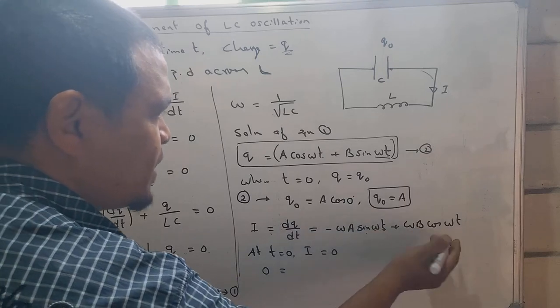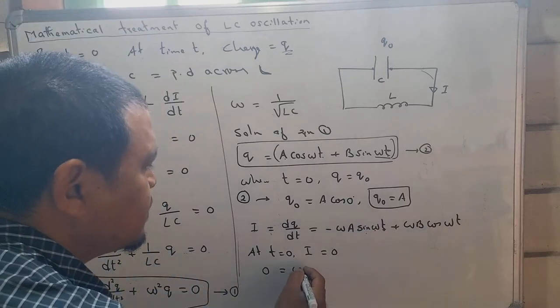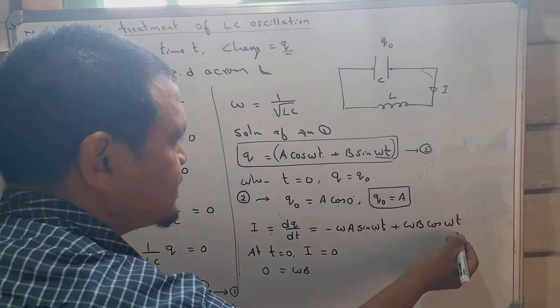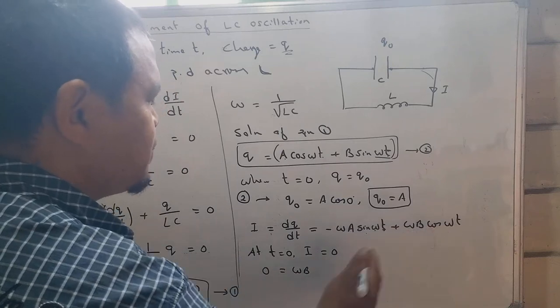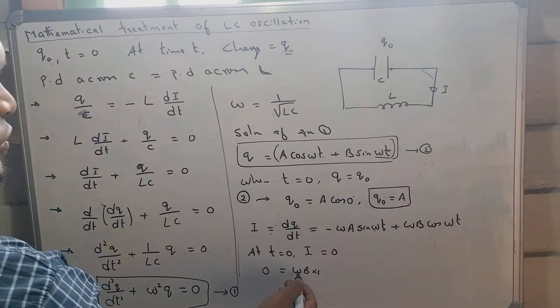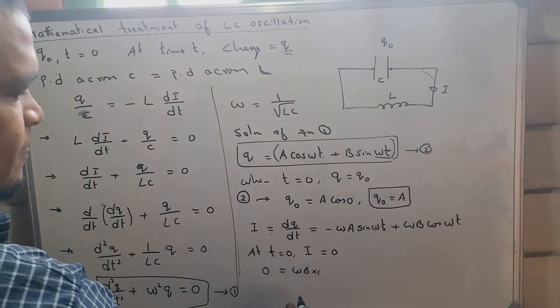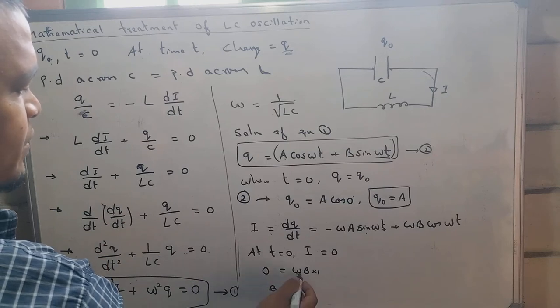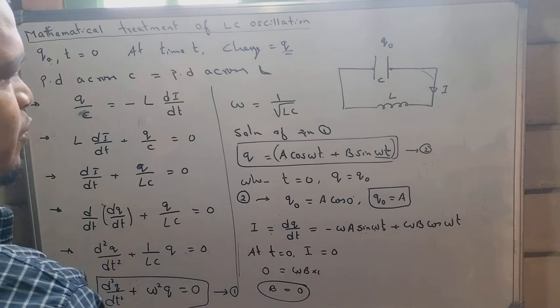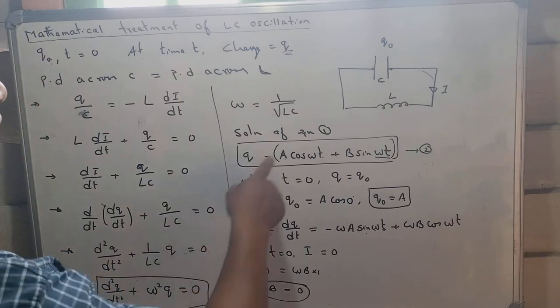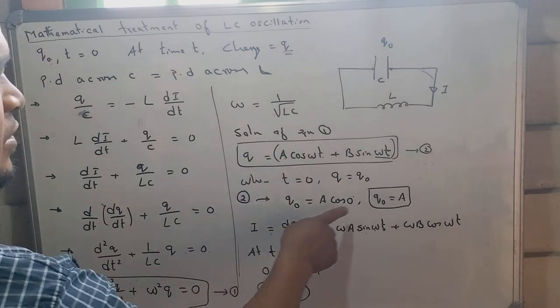Now we have omega B, since at t equals 0 you get cos 0, which is 1. So omega B into 1 is omega B, and when you find B from here, taking omega down, you'll get 0.